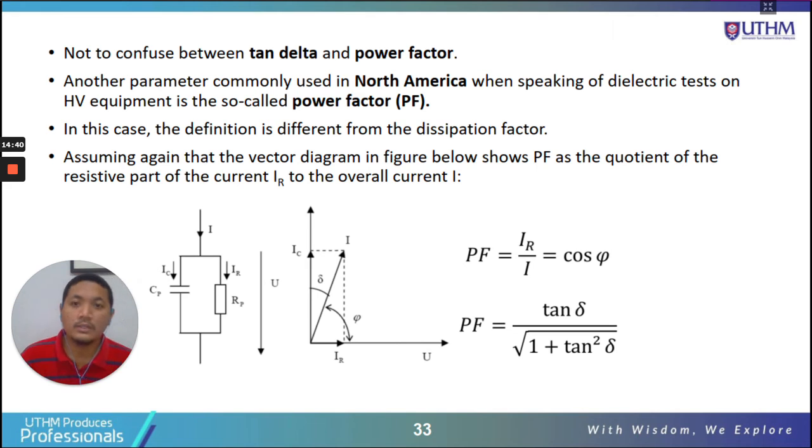If you go to the IEEE standards on any high voltage equipment, they will use power factor as the term to evaluate and measure that loss. However, for us, we refer to the British standard, which also refers to the IEC standard. For the IEC standard, we use dielectric dissipation factor, which is also tan delta.